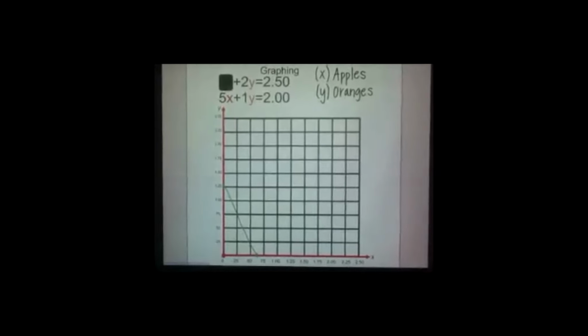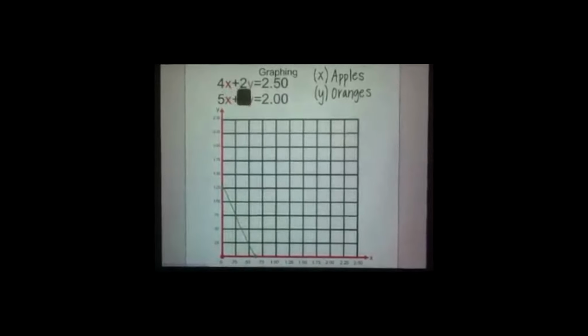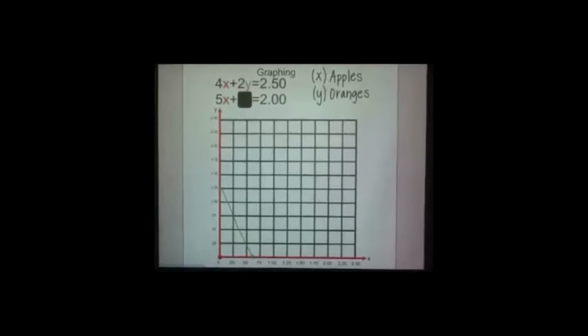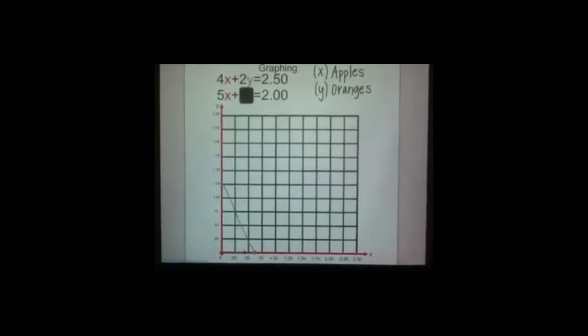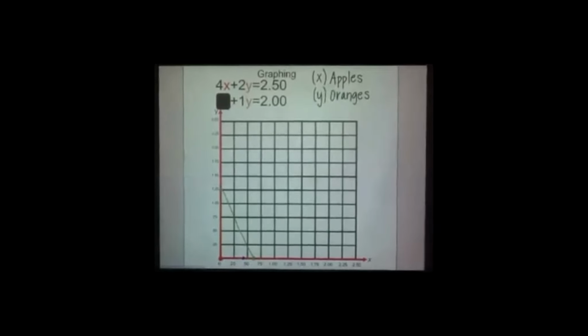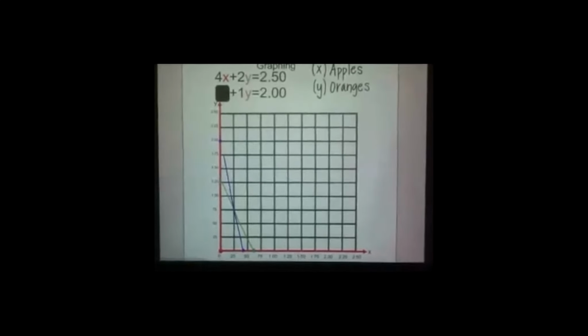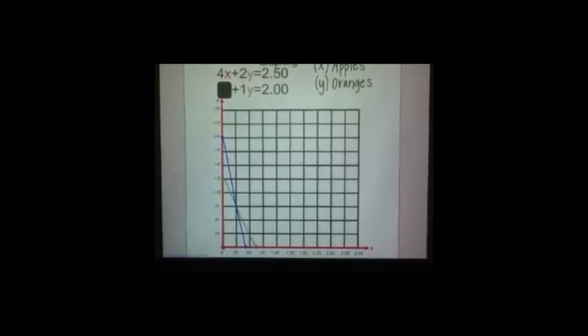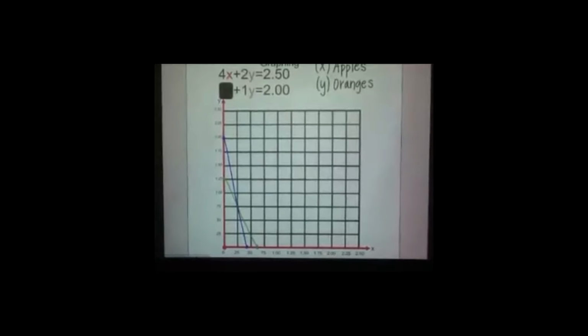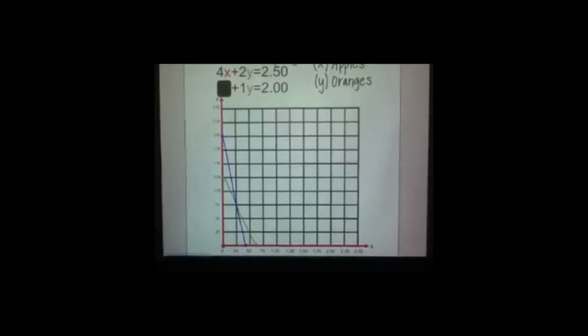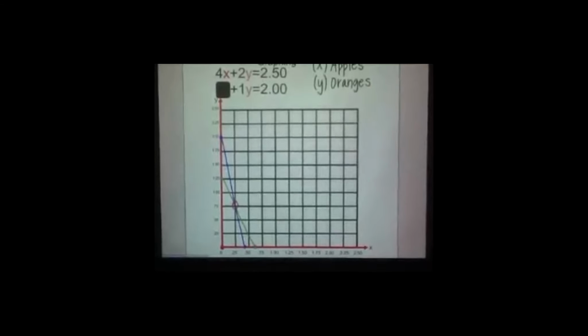Then we'll do the second equation, following the same pattern. We'll cover up the y portion. The point where both of the lines intersect is (0.25, 0.75), right here, which we know is the only solution to our linear system since that's where they intersect.